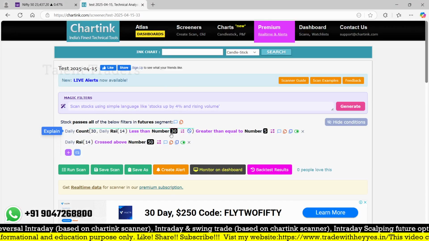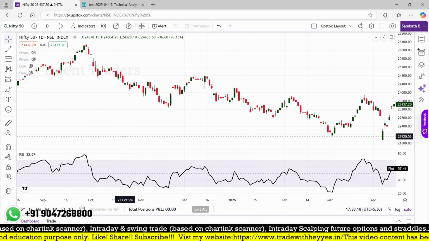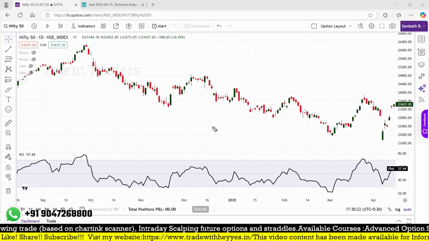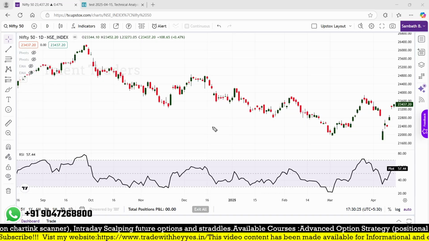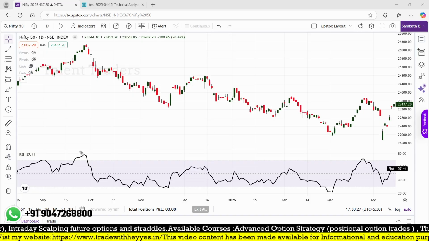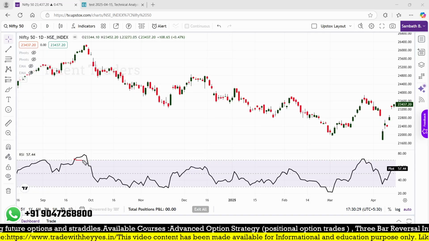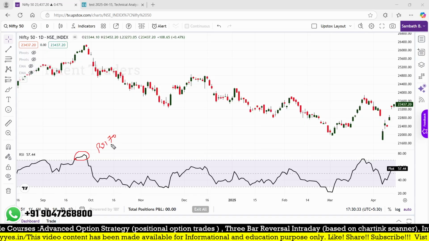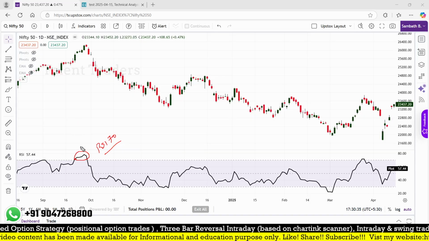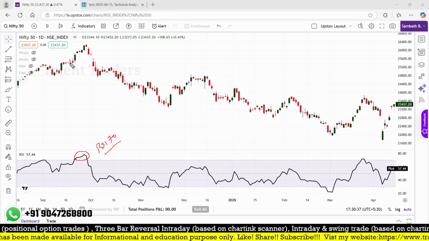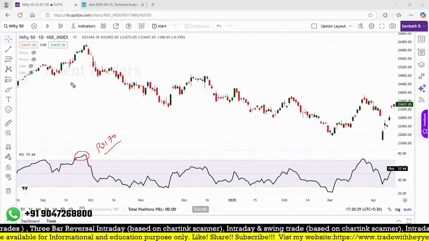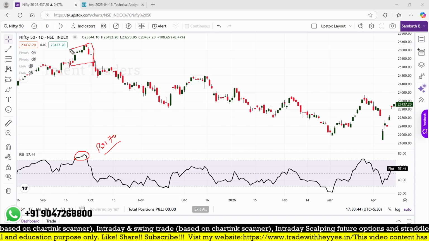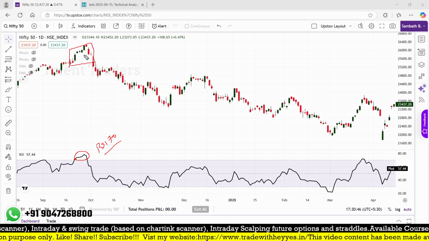This is the last scanner we created, and now we are going to find stocks forming the reverse pattern. I have taken a Nifty daily chart where we can see the RSI peaks above the 70 level and trades above 70 for almost 5 to 10 days, while the price is at the top.